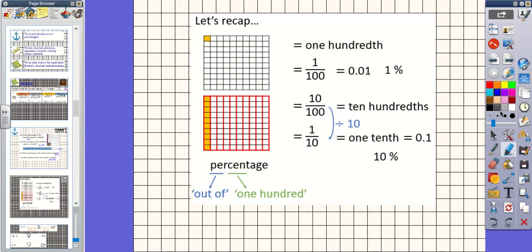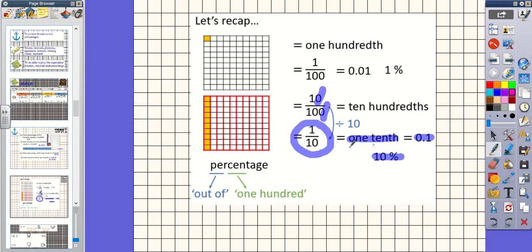We can cancel out that 0 from the 10 and the 0 of the 100, which would equal 1/10. And there again, that just shows that would equal 1/10, which is 0.1, which is the same as 10%. Okay? Always remember that percentage is out of 100. So if there is only 1 shaded in, it's just 1%. Whereas 10 have been shaded in, so it's 10%.